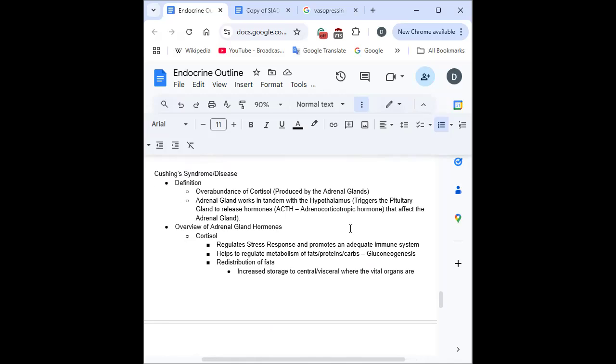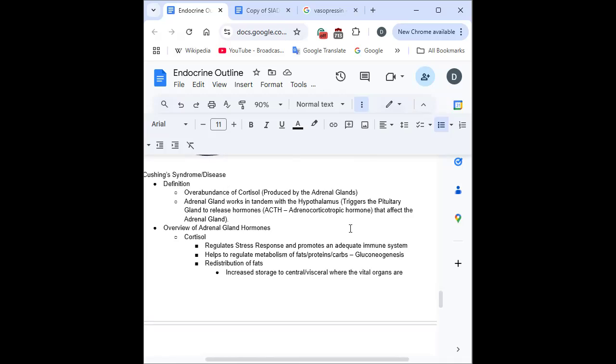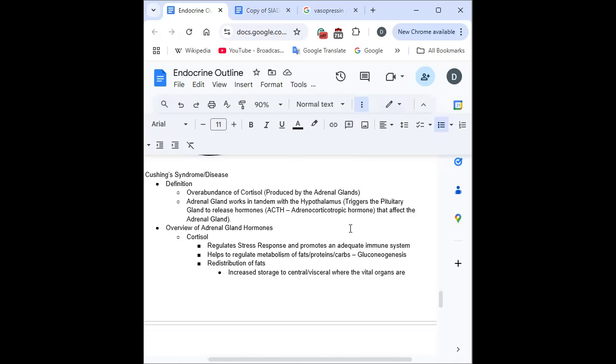So Cushing's disease. This is an abundance of cortisol. Remember, cortisol is one of your main fight or flight hormones made by the adrenal glands. The adrenal glands work with your hypothalamus. The hypothalamus has so many different functions that you don't need to know for this, but it does an absolute crazy amount of stuff. Here the hypothalamus instructs the pituitary gland.